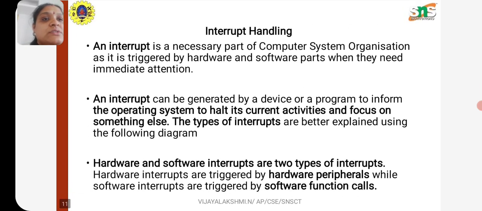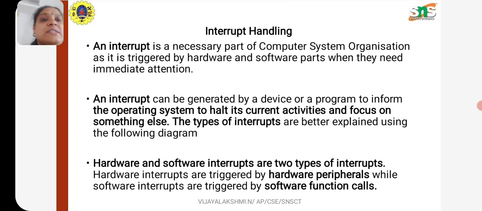Okay, so the next topic is interrupt handling. What is an interrupt? By the name itself, we can say an interrupt is a trigger or signal to stop a certain process. Let me explain with the definition.